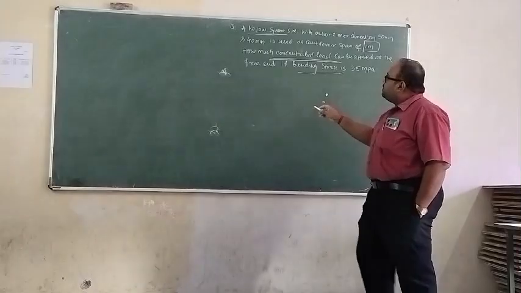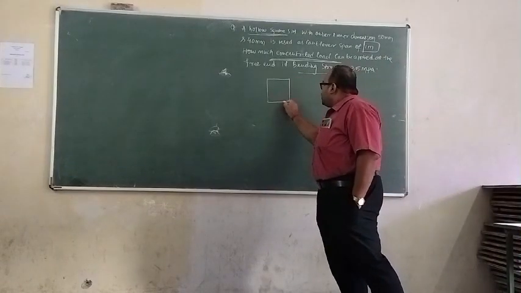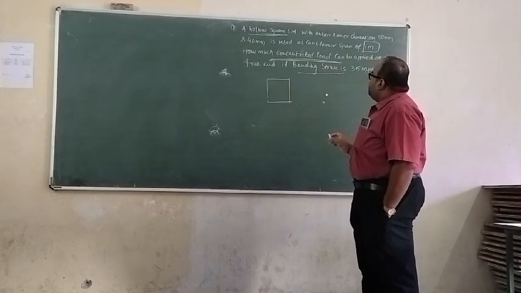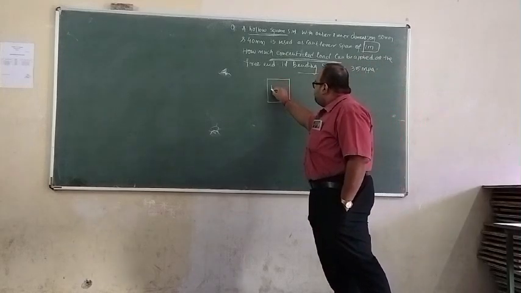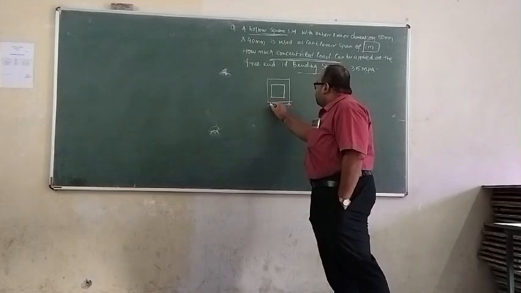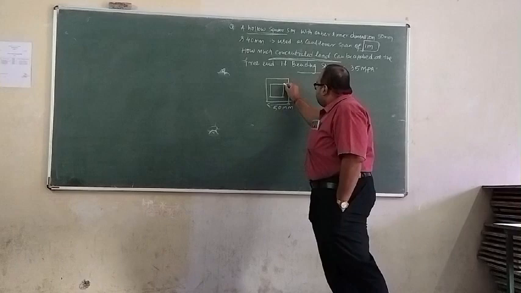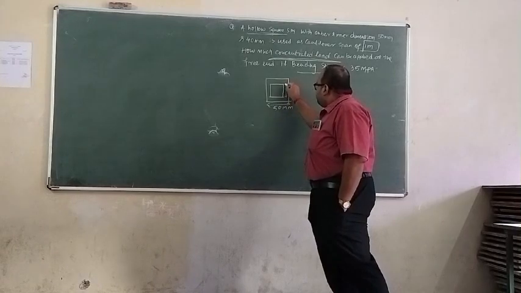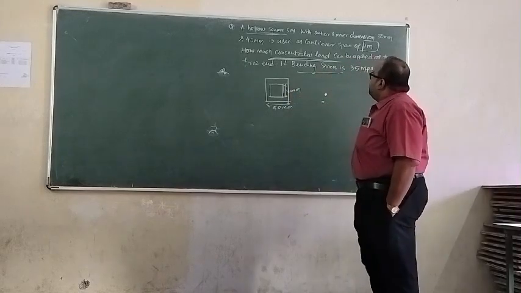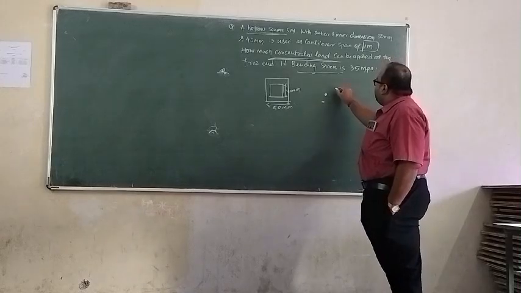A hollow square section with outer and inner dimensions 50 and 40 mm. So this is 50 and this is 40 mm. It is used as a cantilever of span 1 meter.